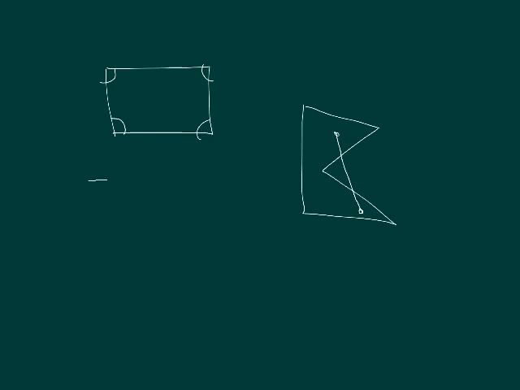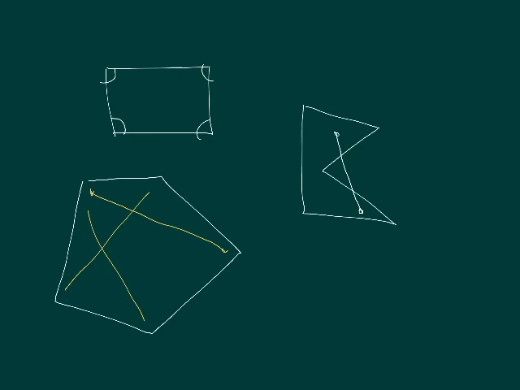Whereas convex means it doesn't matter where we draw this line segment from here to wherever, to go from one point to the next, you're always staying within the polygon. You never leave. But here we can go outside the polygon a lot.